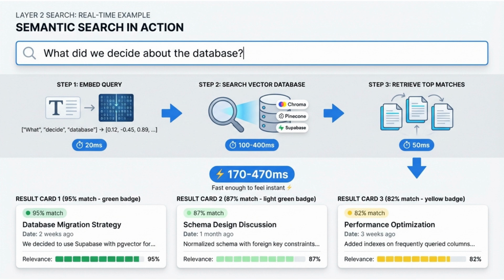Pinecone, Chroma, Weaviate, Supabase. Any vector database works. The diagram shows an embed query, which is done in 20 milliseconds. The vector search takes between 100 to 400 milliseconds, and the retrieval another 40 milliseconds. So you are taking between 170 to 470 milliseconds, which is fast enough to feel instant.